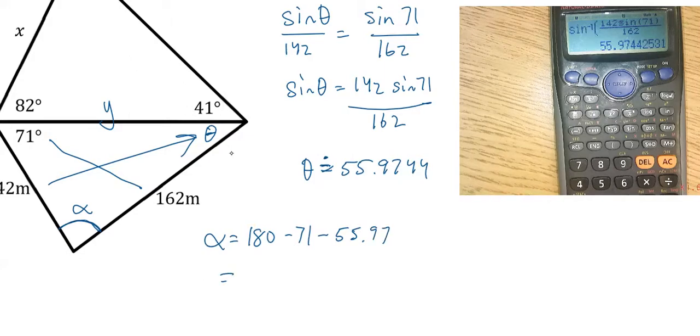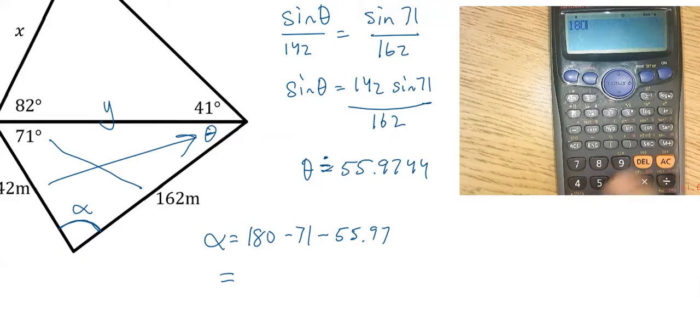I'm not going to write it all down though. And that works out to, so again, watch me on my calculator. 180 minus 71 minus the answer that I had. So I'm going to keep a perfect answer doing that. 53.0256.